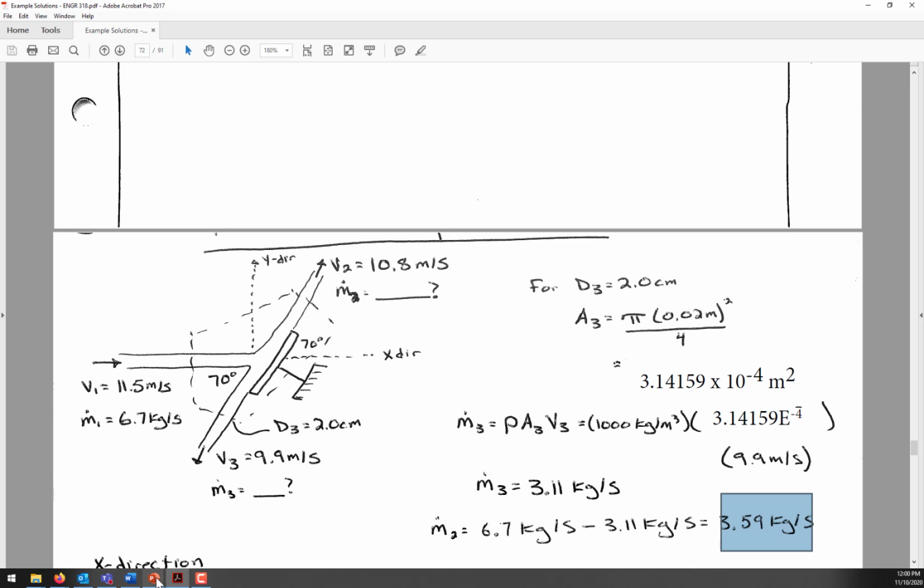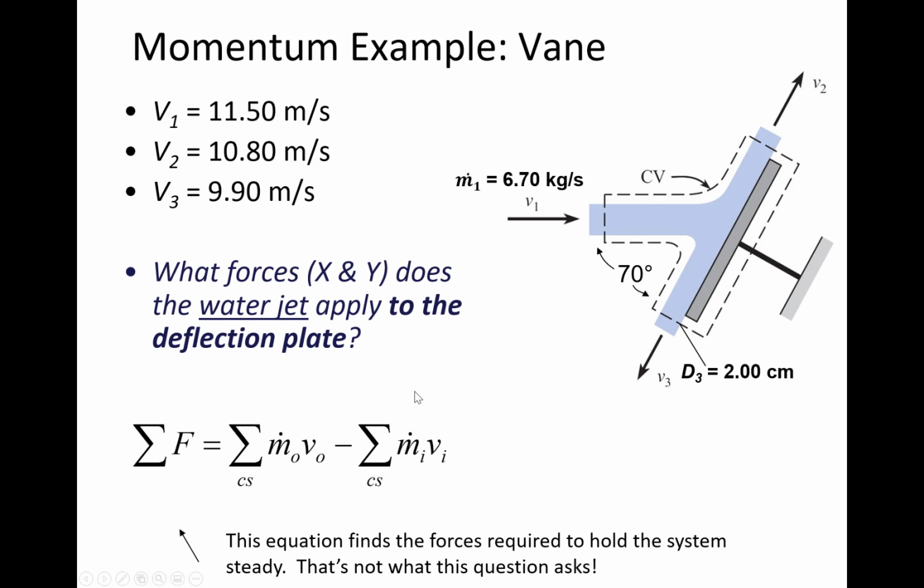Okay, so now what we have to think about for the rest of this is our two directions. We're going to be solving both for the force in X and for the force in Y. I suggest we start with the X direction. The flow that's coming in has an X component, and the flow that's coming out also has an X component.